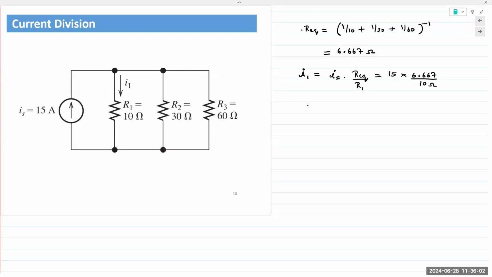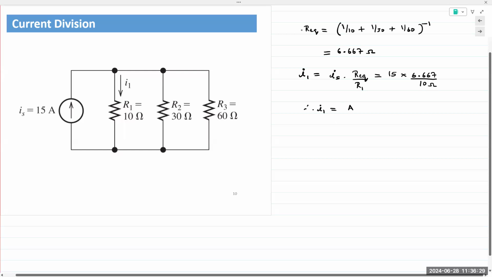What is this value? 15 times 6 is 90. 15 times 0.6 is 0.9. So I'm guessing it's 9.999, or probably 10 volts, approximately 10 volts. 2/3 of 15, right? Oh, not 1 amp.